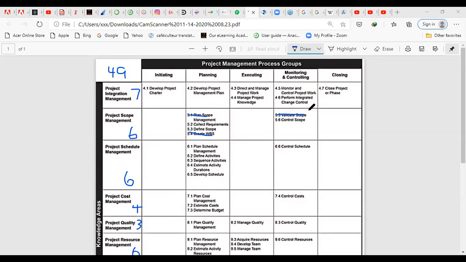The others are very easy to read and get. But these three together form the performance baseline. So we have the schedule baseline, the cost baseline, and the scope baseline. These three together will be the performance baseline. That is, the project will be judged based on these three key areas.